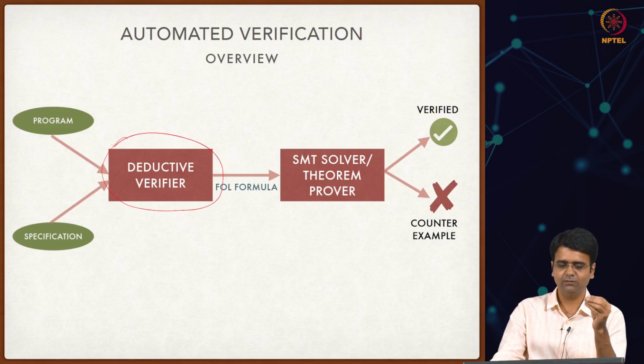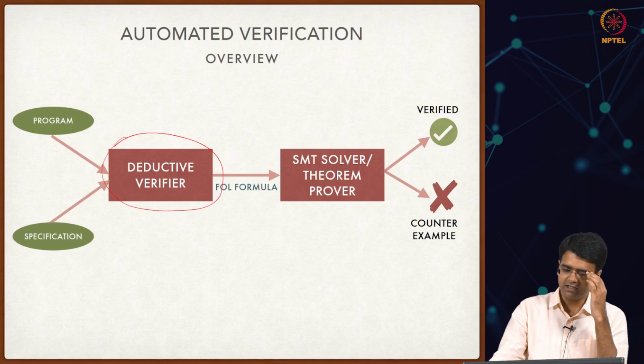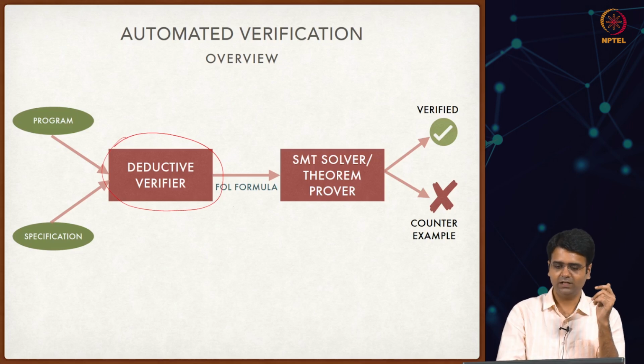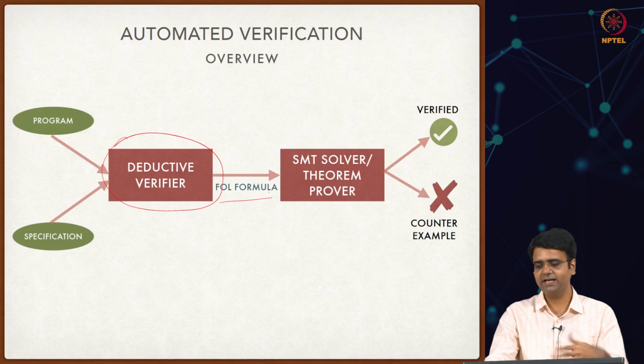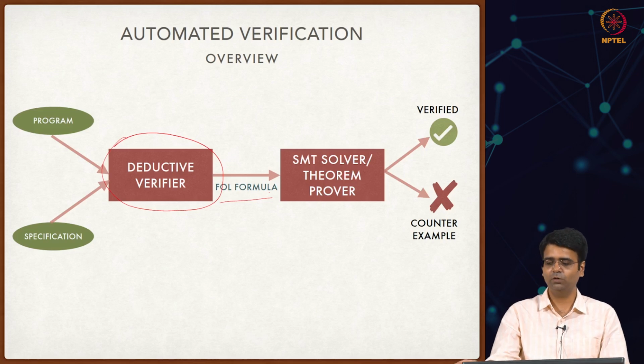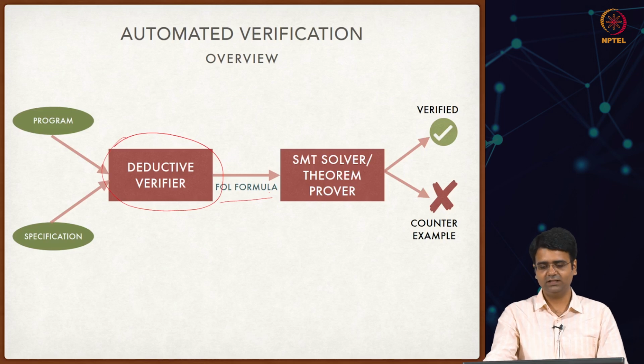It takes as input this program and its specification, what you want to check, or the correctness of the program, and then it constructs this FOL formula, which is then passed on to an SMT solver or a theorem prover. The theorem prover will say either this formula is satisfiable or it is not satisfiable, based on which the verifier will conclude that either the program is correct or there is a counterexample, that is, a bug in the program according to the specification.